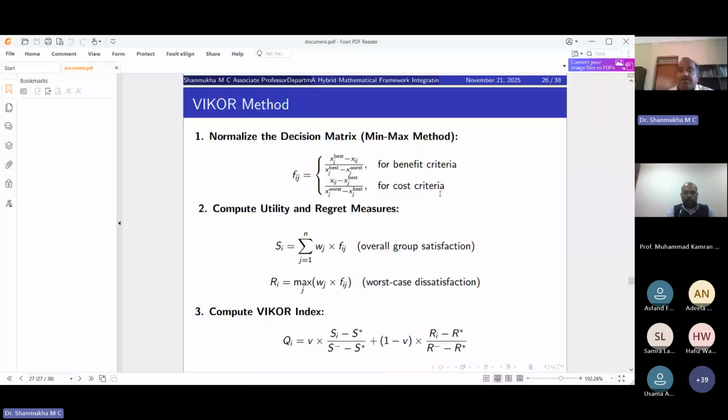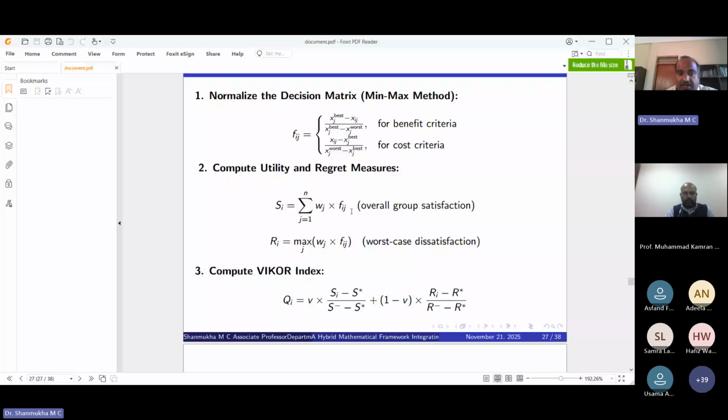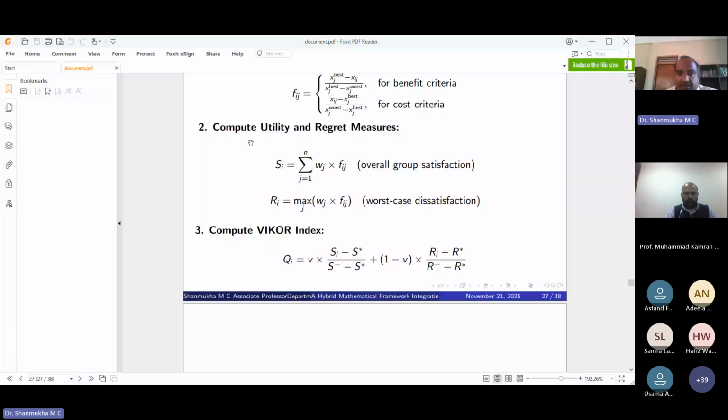In chemical graph theory, we use MCDM techniques only with beneficial criteria. Then compute utility and regret measures. The formulas are Si equal to summation of Wj into Fij, and Ri equal to maximum of Wj into Fij.